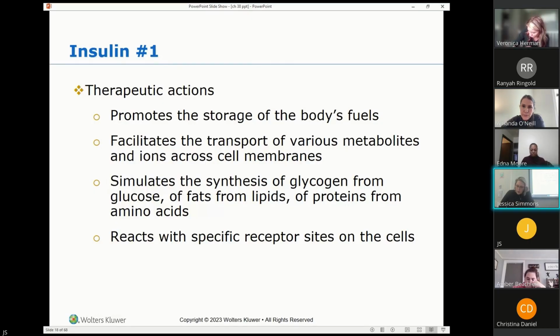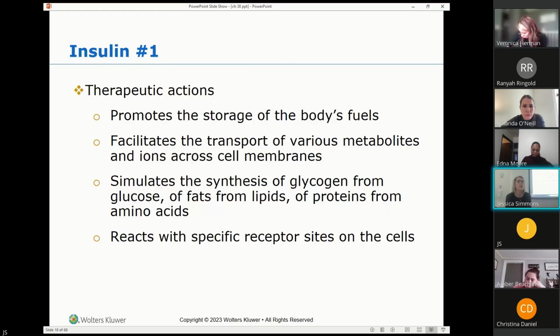The therapeutic action of insulin is that it promotes the storage of the body's fuels, which is sugar, glucose. It facilitates the transport of various metabolites and ions across the cell membrane, which means it helps sugar cross the cell membrane into the cell to be used for energy production within the mitochondria in the form of ATP.